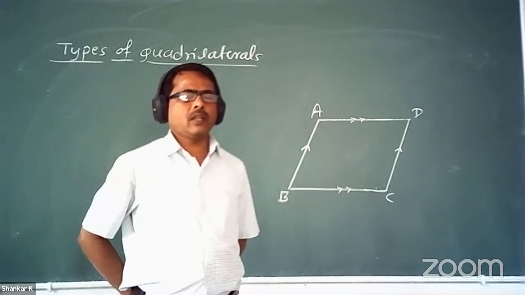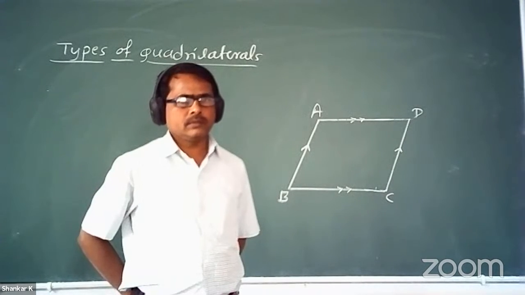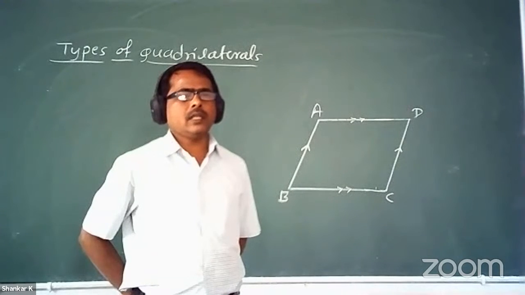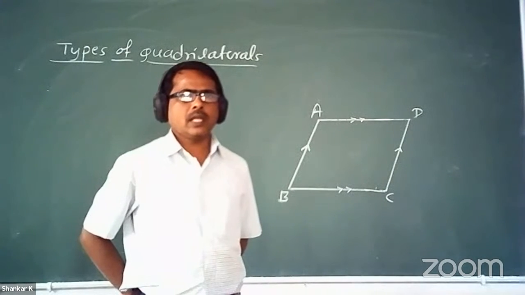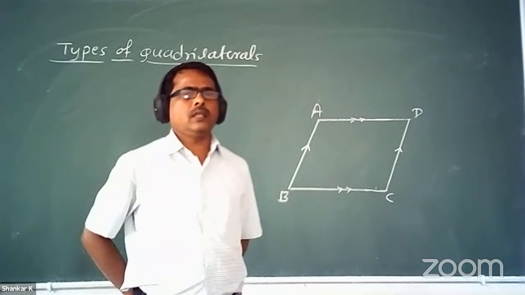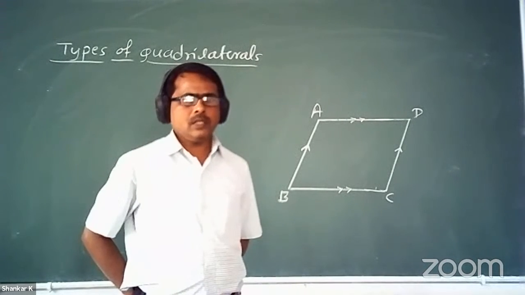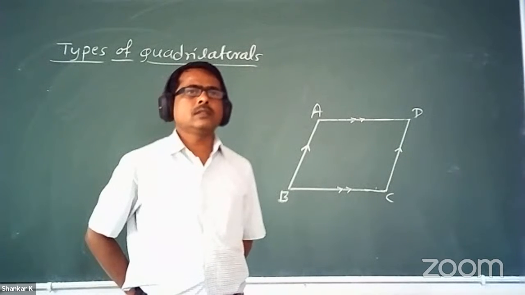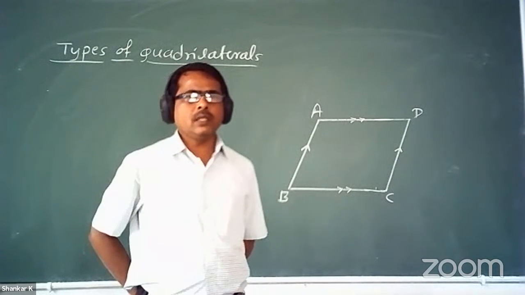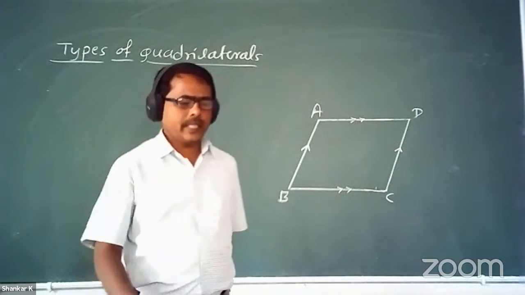It is a special parallelogram. A square is a parallelogram in which all sides are equal and all angles are right angles. Understood?